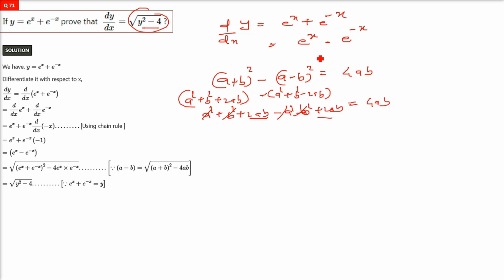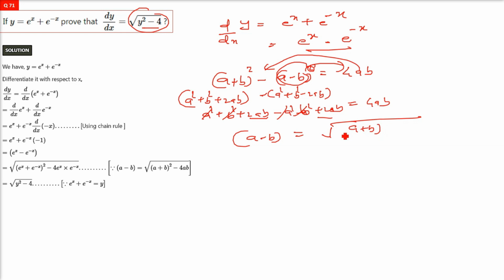So we have to write this e raised x minus e raised minus x. So when we need the a minus b, what we'll do? We'll take the 4ab with the a plus b whole square. So a minus b final will be, a minus b will be under root a plus b whole square minus 4ab, the way I explained to you. So this is a, this is b in our case.